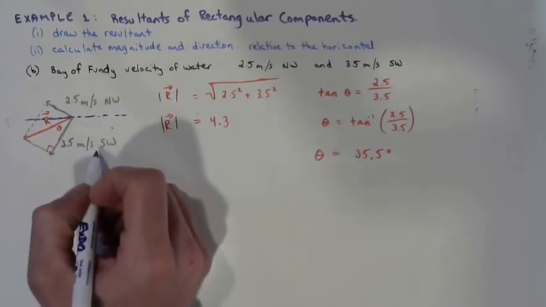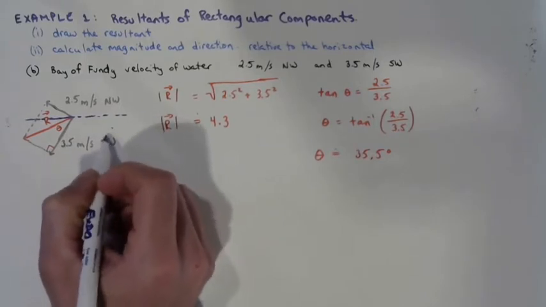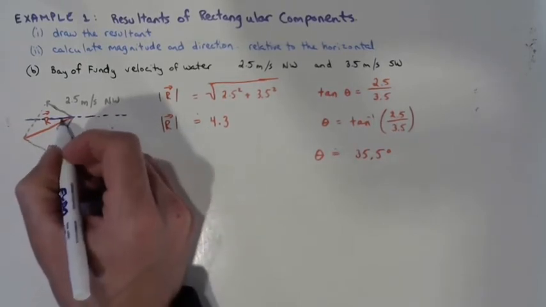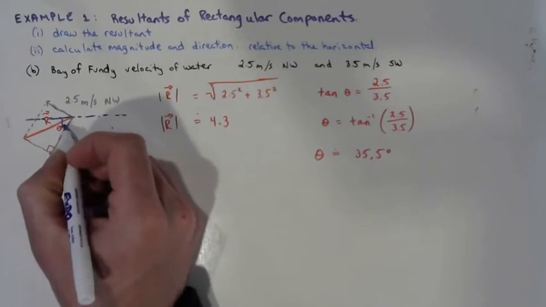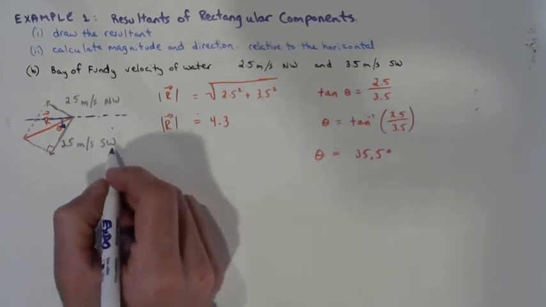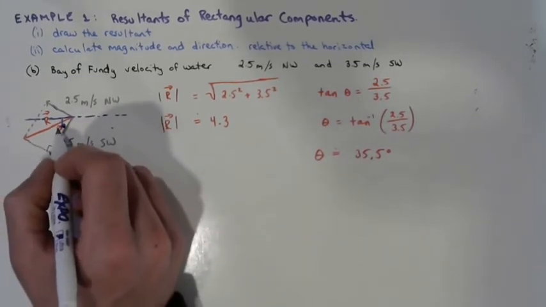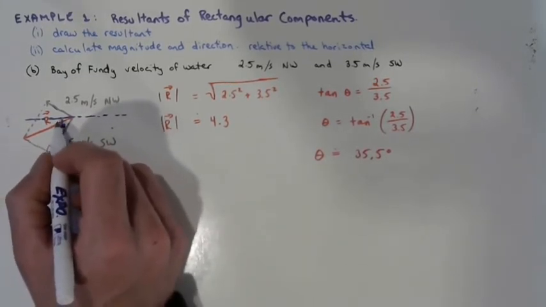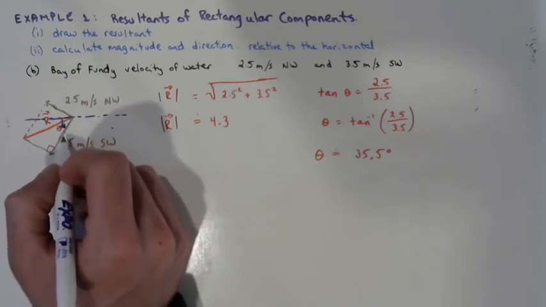And we do know also that if something is heading directly southwest, this angle here would be 45 degrees. So the vector that's 3.5 meters per second southwest is at an angle to the horizontal of 45 degrees, okay?